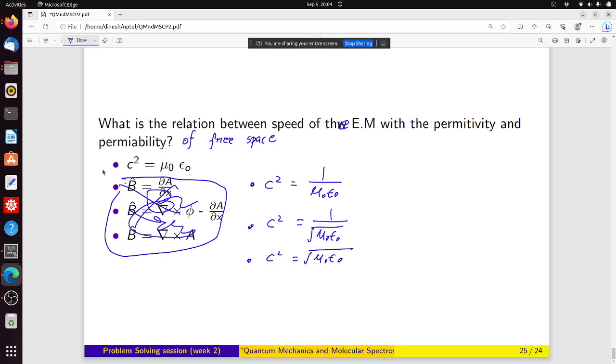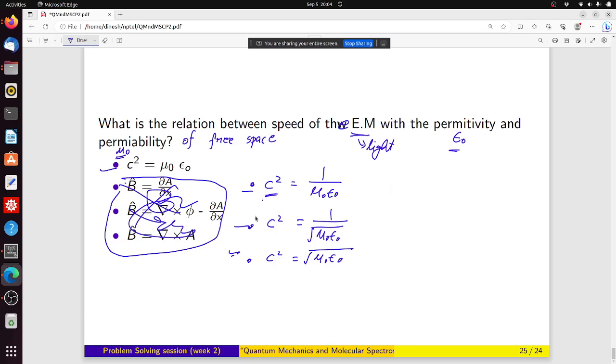Which one is the right relation? If you consider the electromagnetic wave as light, then c is the speed of light. How does it relate to the permeability and permittivity of free space? Permittivity is epsilon naught of free space, permeability is mu naught. What is the relation? The third option?